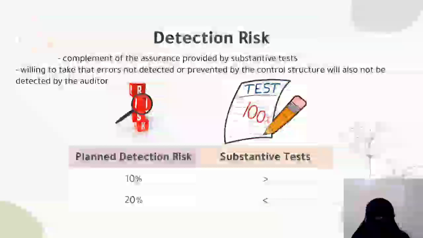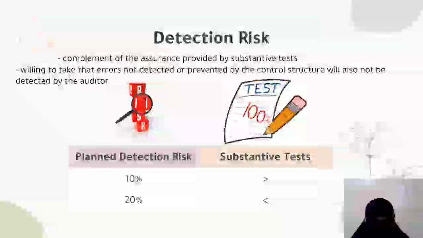So, auditors set an acceptable level of detection risk, which is called planned detection risk, that influences the level of substantive tests that they perform. So, for example, more substantive testing would be required when the planned detection risk is 10% than when it is 20%. Why?